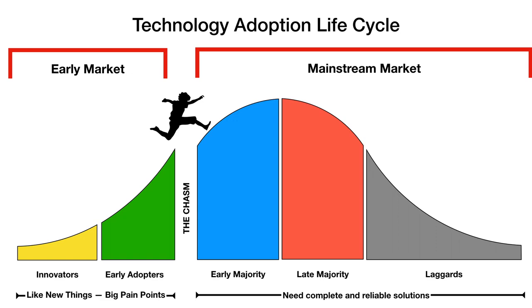But you need to realize that it's a difficult thing to do for a lot of companies, a lot of startups, because your initial customers may be very different from your customers that you have in the mainstream. And they may be looking for something totally different than what the mainstream market is looking for.